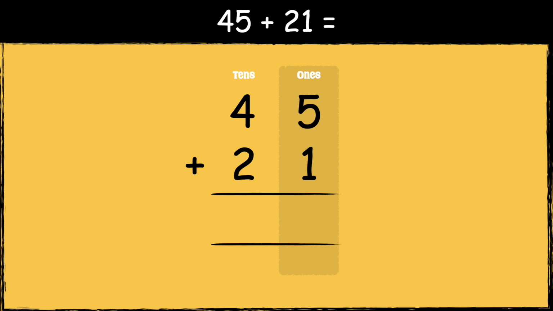So we start with the ones. 5 add 1 equals 6. Now we need to add the digits in the tens column. So 4 add 2 equals 6. So the answer is 66.